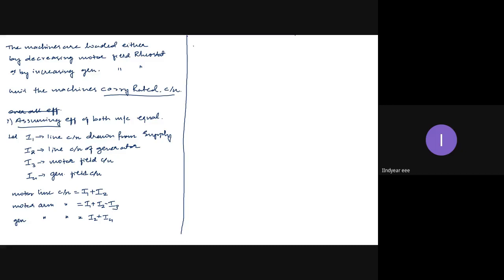Therefore, motor input power. A motor always takes electric input. So motor input power equals V into the motor line current, which is I1 plus I2.